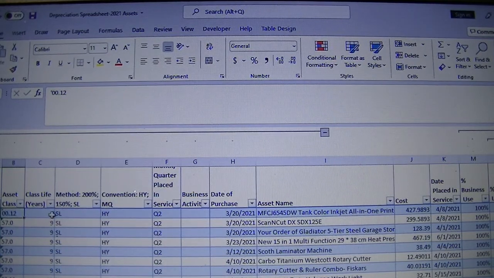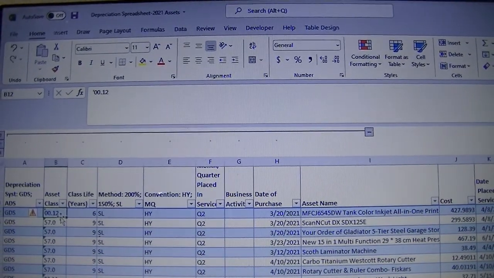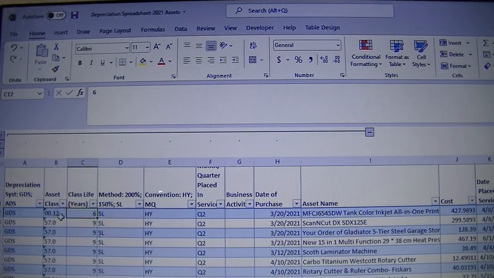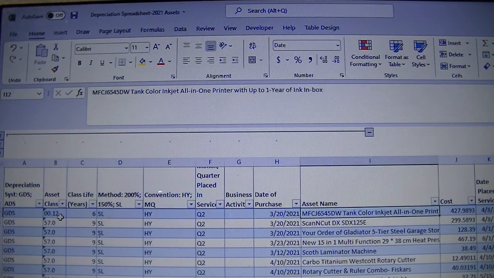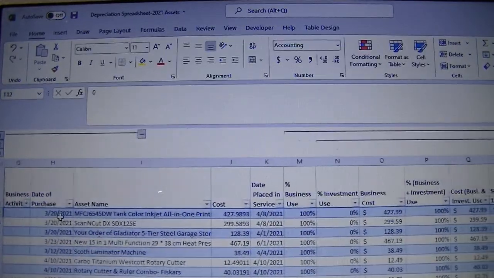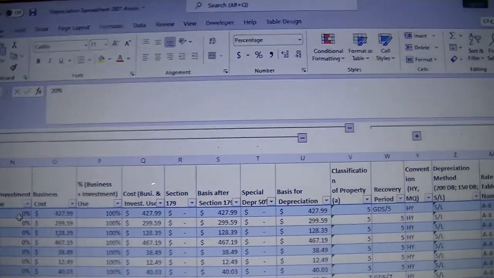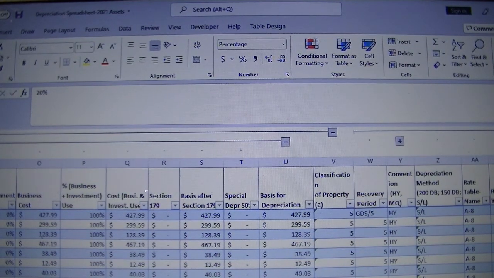We took note of that, and that's 00.12. And asset class. And when we go all the way to the right, we have recovery period 5.